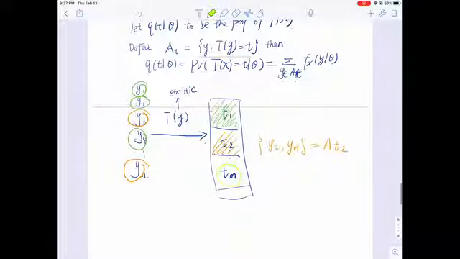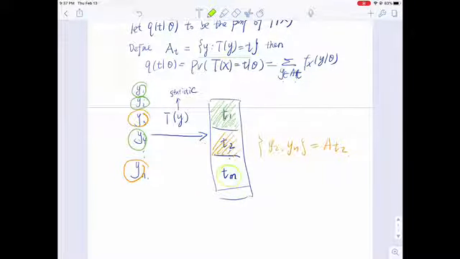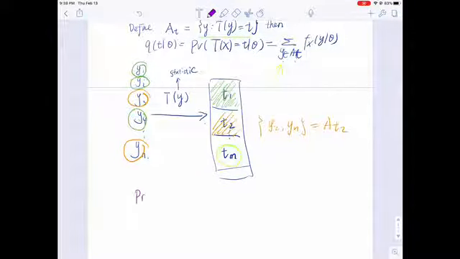So if we look back, it is the probability that T of x is equal to t1.